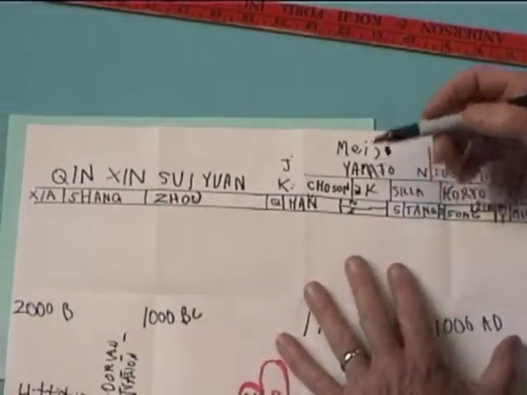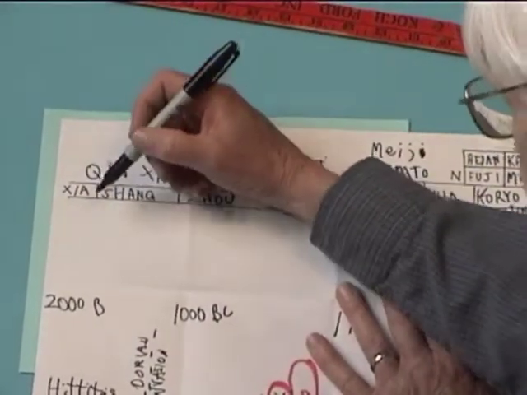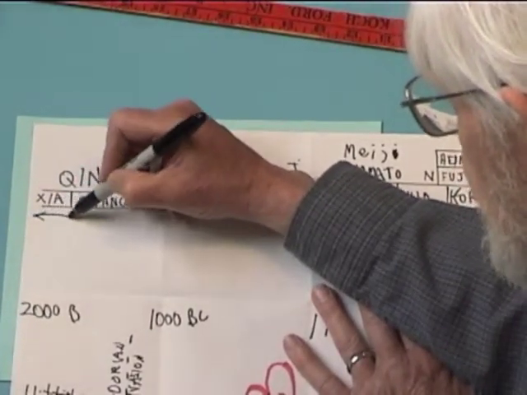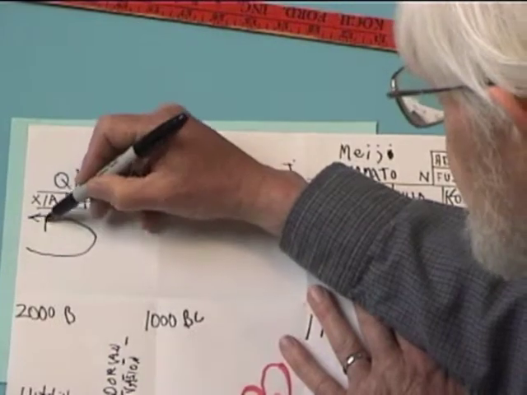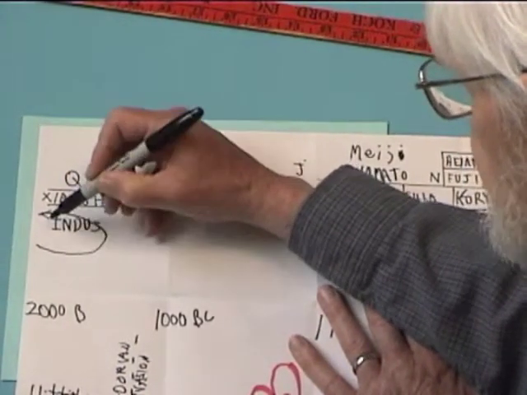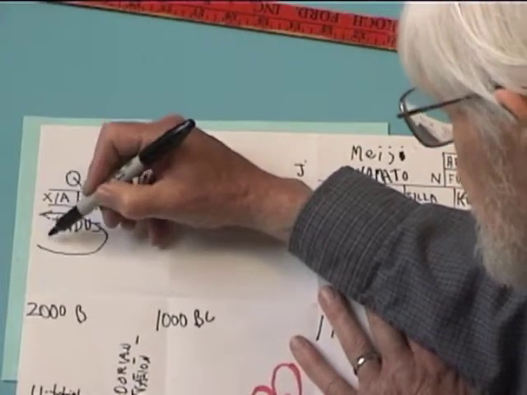Finally, for this sheet on Asia, just a few things about India. Before our sheet starts, at least by 2500 BC, we have what's called the Indus Valley Civilization, also known as Harappa Civilization.